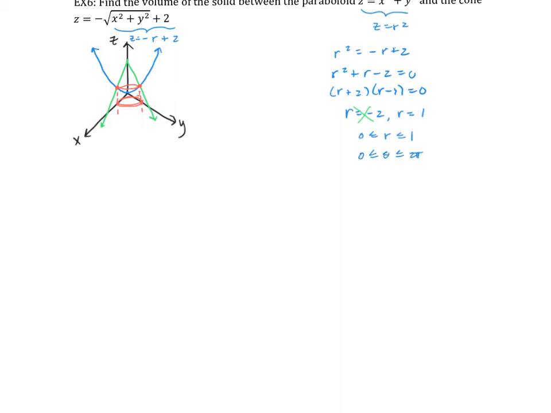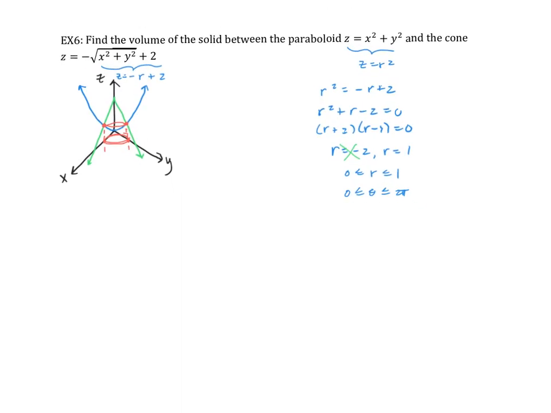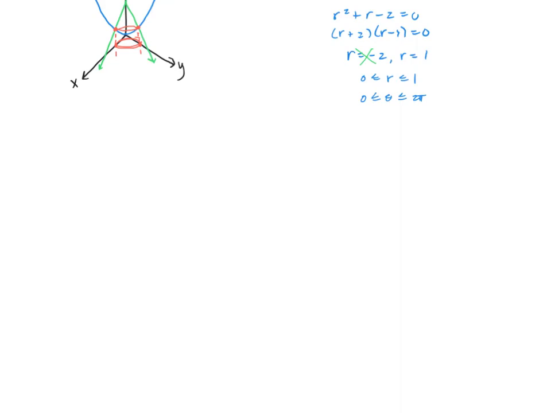Because remember that region D, that intersection of the cone and the paraboloid, I'm looking at that shadow in the xy plane to determine my limits of integration for x and y, but I'm not in x and y, I'm in polar, so I need the r and the theta. Now we were supposed to be finding a volume. That tells me my integrand is going to be 1. If I put theta on the outside, so here's my volume, it's going to go from 0 to 2 pi. r goes from 0 to 1.